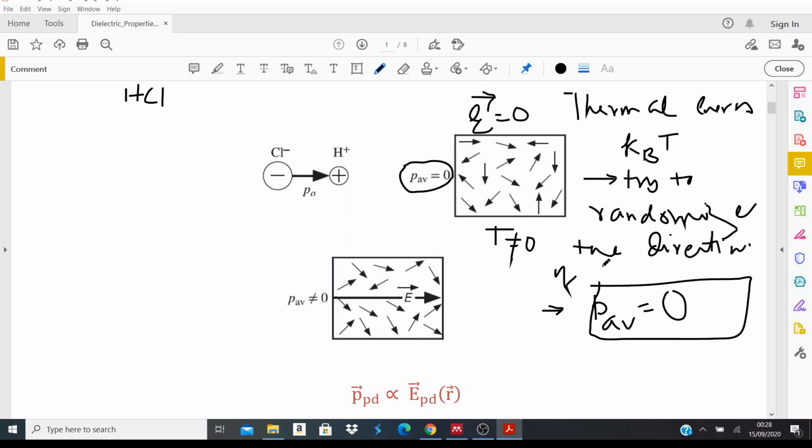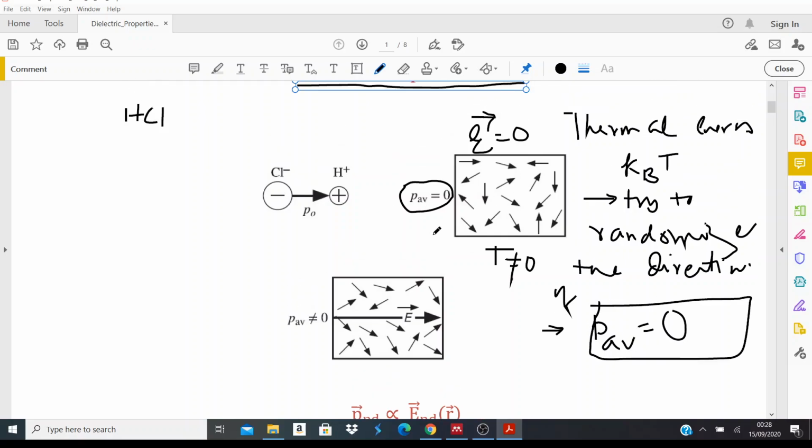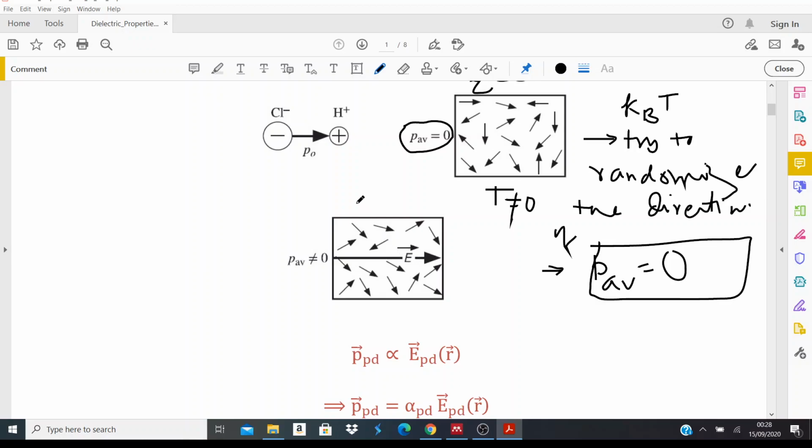That's zero. But when you place this container in some electric field along this direction, denoted by these electric field lines, a number of electric dipole moments will try to align in the direction of the electric field. The electric field will try to align all of the moments along its direction, but it will not be able to do that because there is thermal energy.